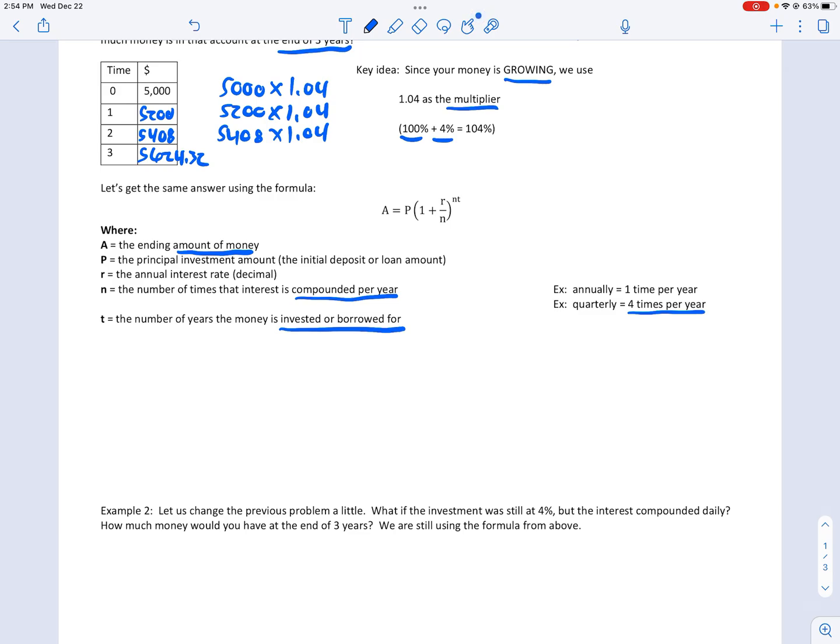So using this formula, we want to figure out what our final amount is. P is our principal. We invested 5,000. The 1 is always a 1. The interest rate was 0.04 because it was 4%.